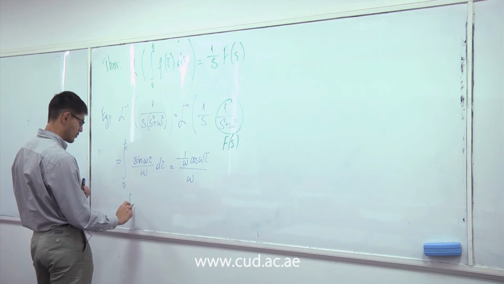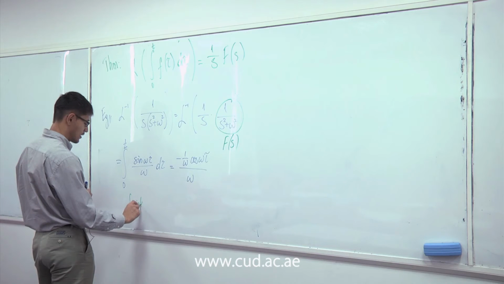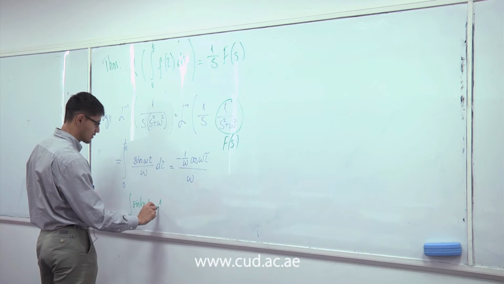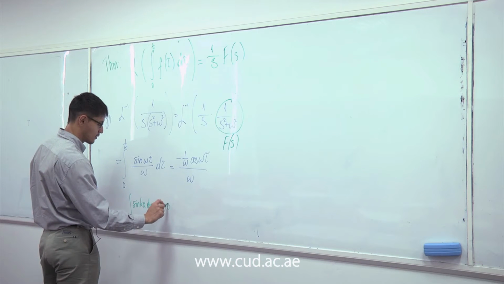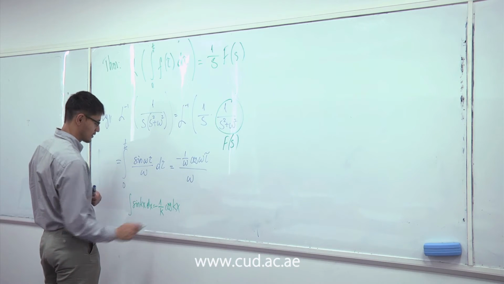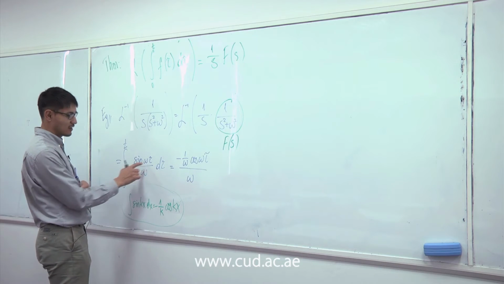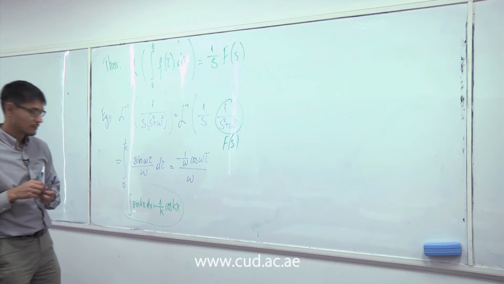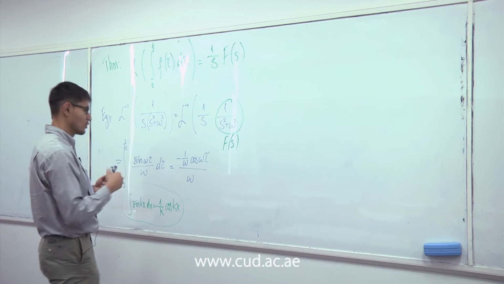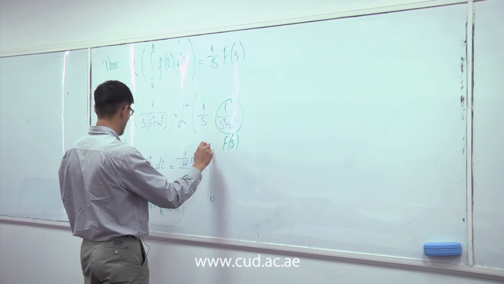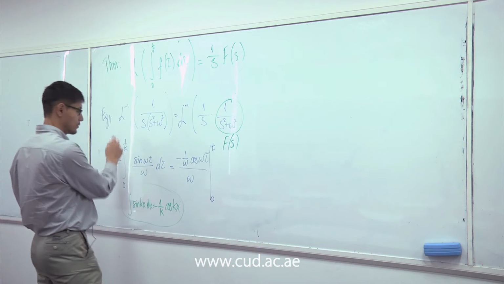If you don't remember, the integral of sine kx dx is equal to minus 1 over k cosine kx. So this is the formula I'm using here. Instead, our k in this case is omega. And then this needs to be evaluated from 0 to t.